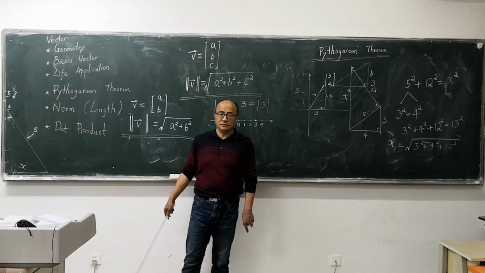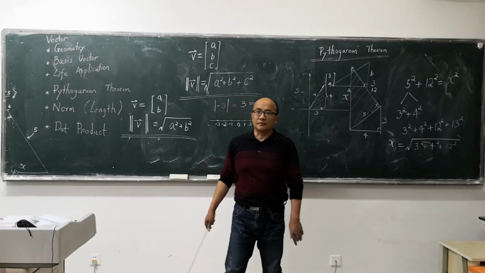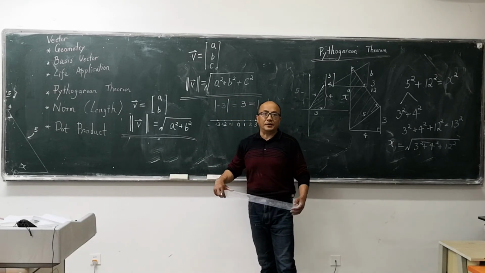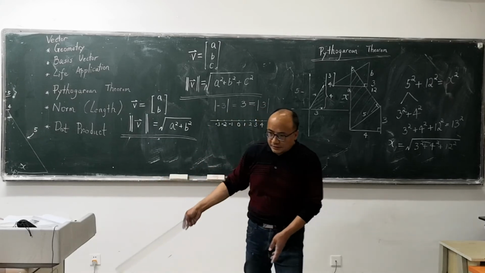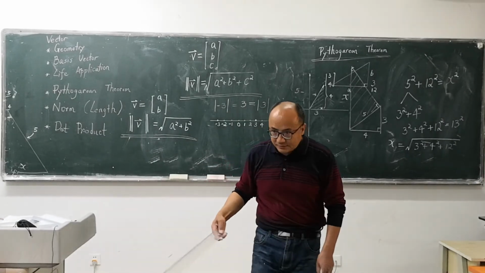You have to use the Pythagorean theorem twice. So this is a 3, that is a 4.